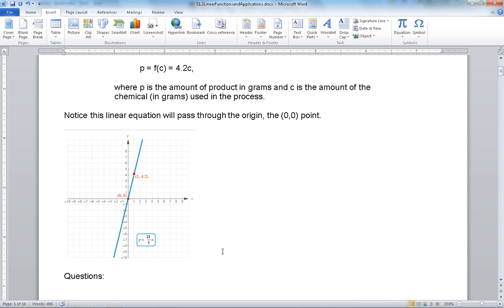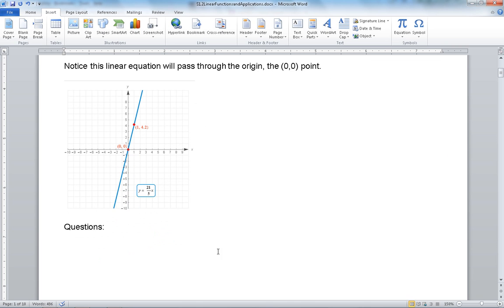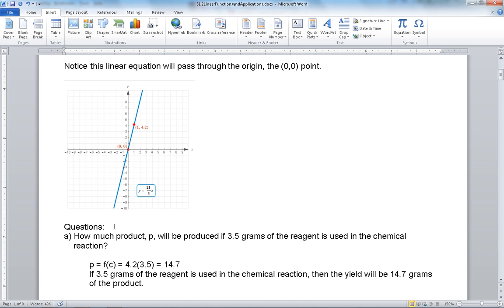Now what types of questions can we ask in this type of scenario? Well, one thing we could do is say, how much product, P, would be produced if 3.5 grams of the chemical is used in the reaction?